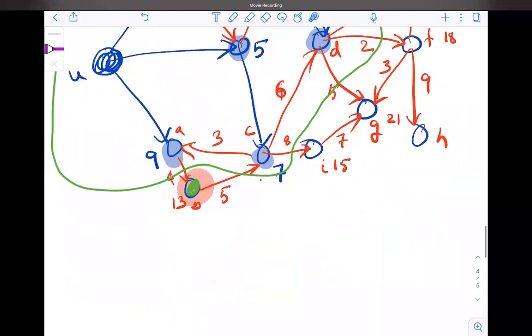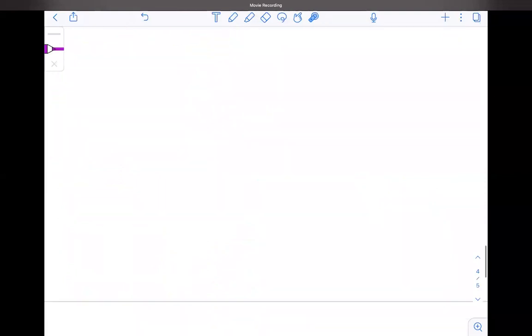Okay, let me take care of this. So this is my U. This is the set of vertices for which I know my shortest distance. This is my boundary wall.